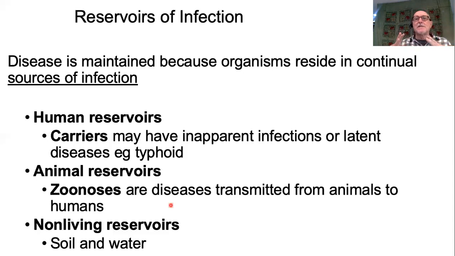But under certain circumstances, it blooms, it reaches high population levels, and if human beings drink that water, they get the disease cholera. It produces a violent diarrhea, which often then recontaminates water sources, and it begins to spread from person to person. So Vibrio cholerae would be a good example of a non-living reservoir.